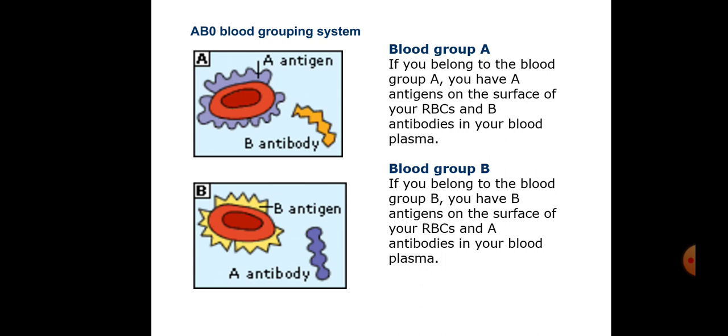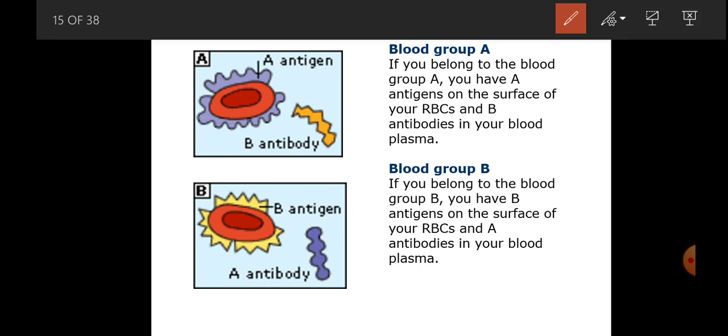Here is a visual of how these antigens are. You have your red blood cell. The surface has the antigen, but in the blood, we have our antigen, that's for blood group A. We have the antigen for blood group B. What happens is that when the body realizes that the surface of the red blood cell has a particular antigen, it produces a corresponding antibody.